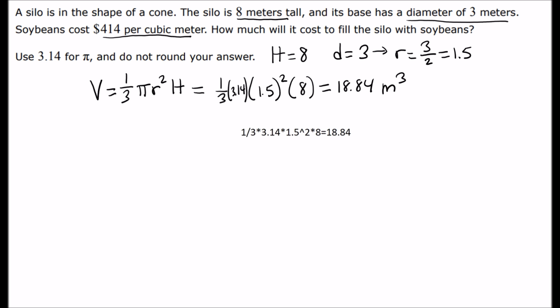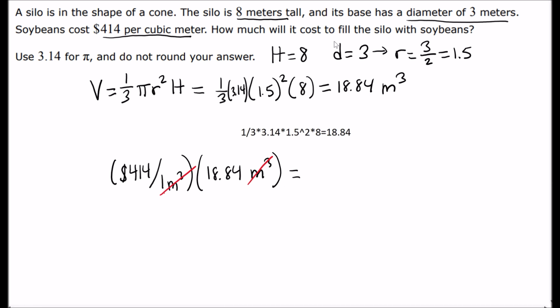Now they want the cost. So we need to multiply. We know that it's $414 per 1 cubic meter, right? So per cubic meter. And so we multiply that by how many cubic meters we have, and that gives us our total cost, okay? So notice that these cancel. And so that leaves us with our total cost.